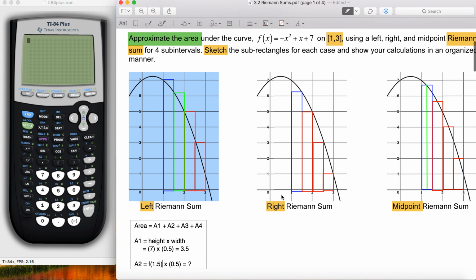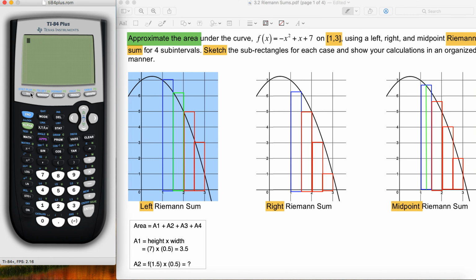And we have our graphing calculator here on the left, and so I'm going to make a plot so I don't have to retype this over and over. And I'm going to change the table set. So here we go, here's a table. Let's just double check the first height for area 1. We know that it's 7, but just to double check, the height for this rectangle is going to be the y value when x is 1.